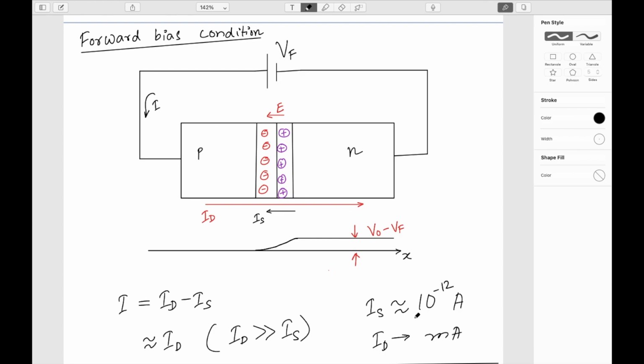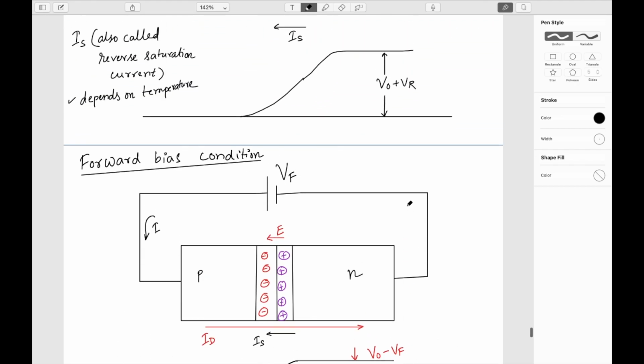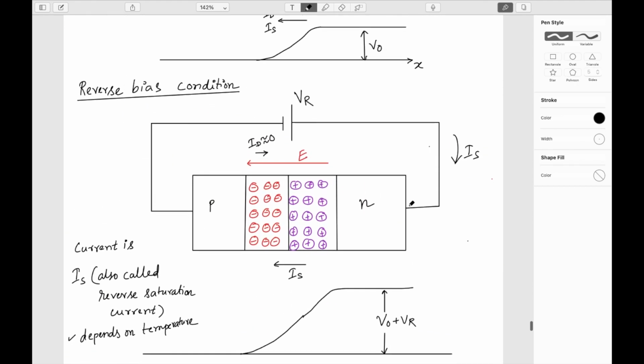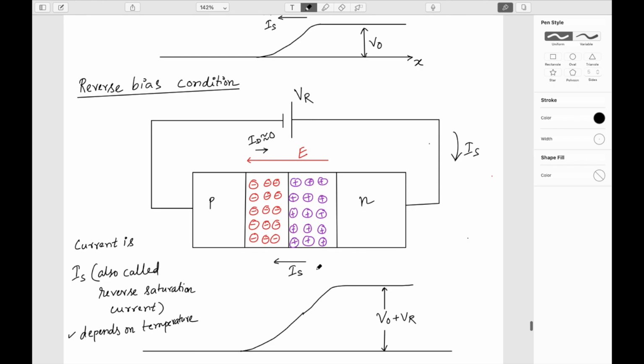So this is like a picoampere and this is like a milliampere. In this forward bias condition, a large amount of current is going to flow. It's going to behave like a short circuit. We will discuss this in more detail. Whereas in reverse bias condition, because this IS is very small, in picoampere, it is as if it's an off condition. Even if this current IS is there, it is going to be like an off condition.